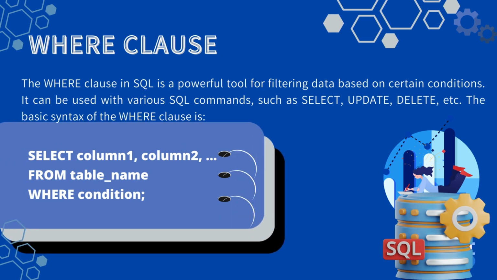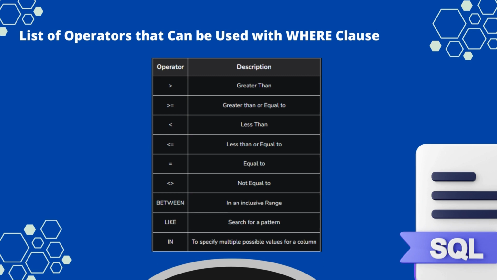Now this is the list of operators that can be used with the WHERE clause: greater than, equals to, less than, less than or equals to, not equals to, between, like, and in. The first six operators are simple conditional operators.